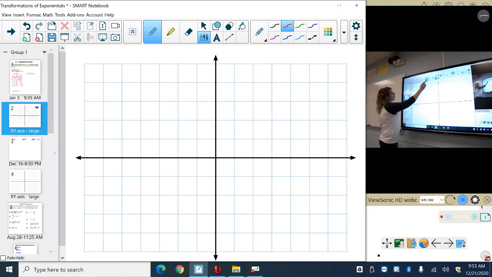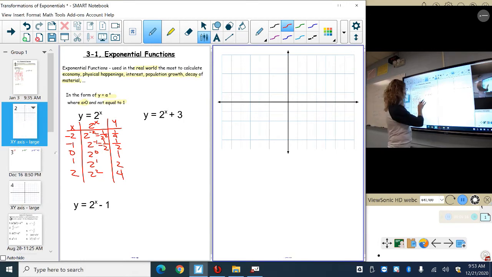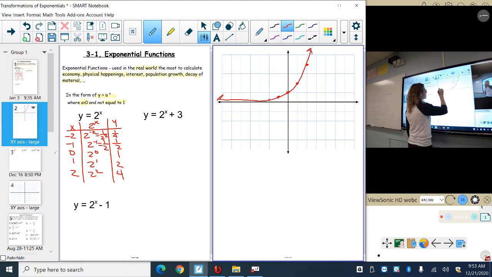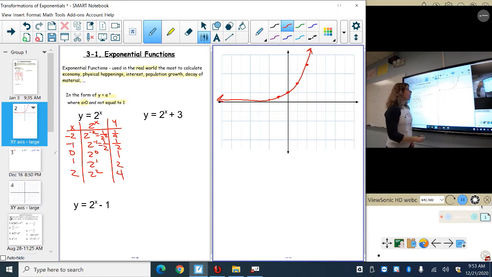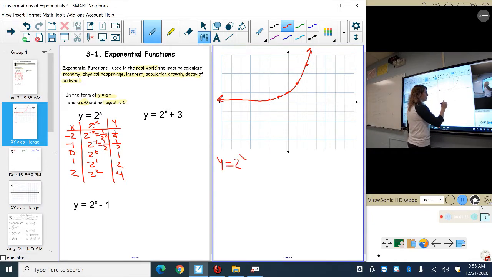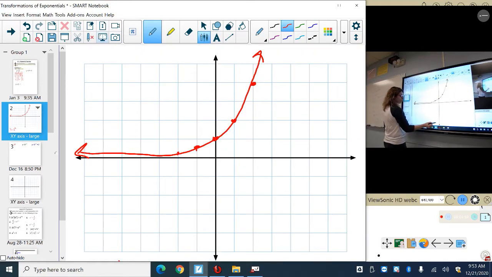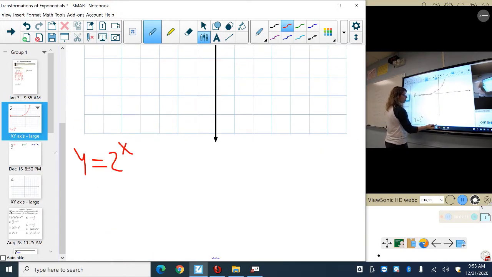So if I were to come over here and graph what I just did, I'm going to be graphing the points 0, 1; 1, 2; 2, 4; negative 1, a half; negative 2, a fourth. Now, what your brain needs to understand is that this is the exponential graph of the function y equals 2 to the x.